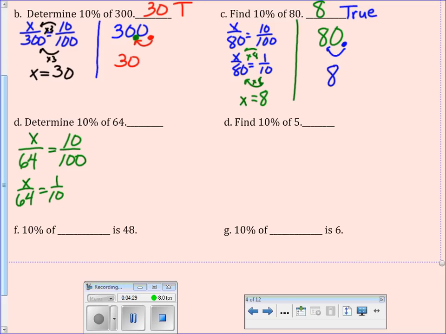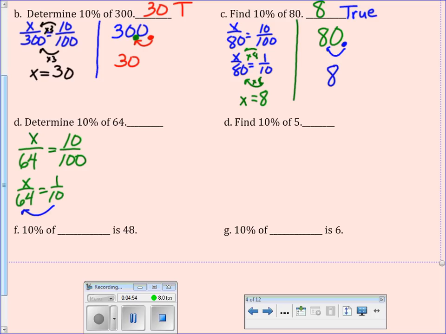How am I going to get from 10 to 64? Oh, yes, I am. I don't discriminate against the decimals in math.